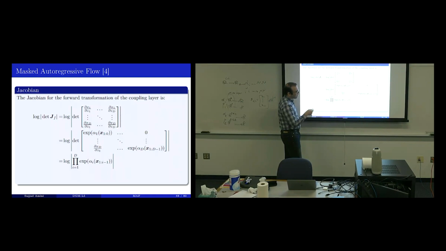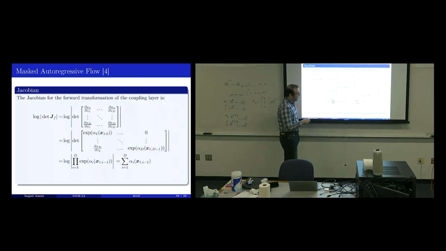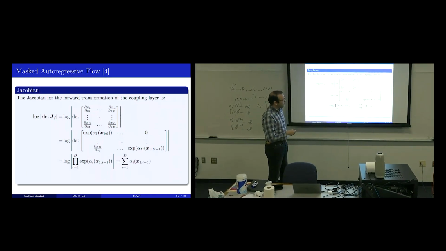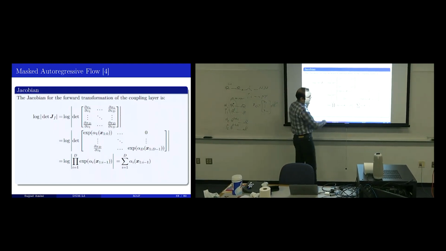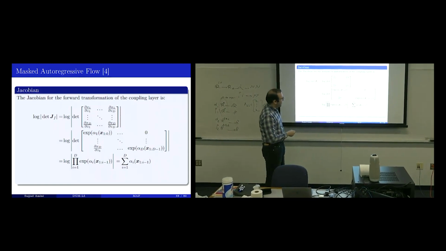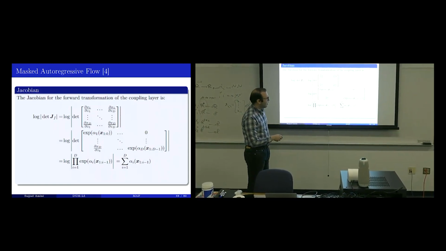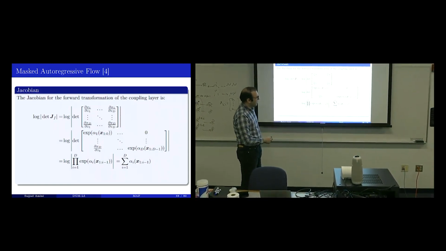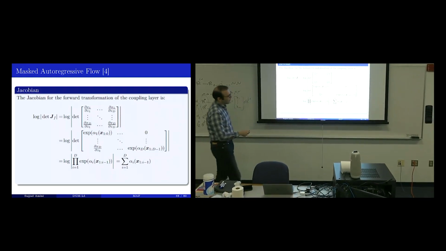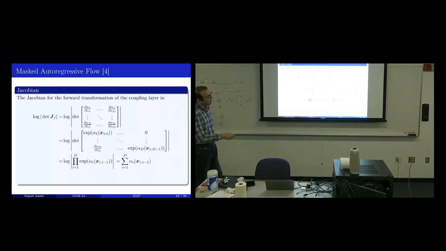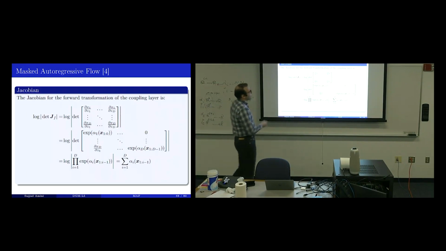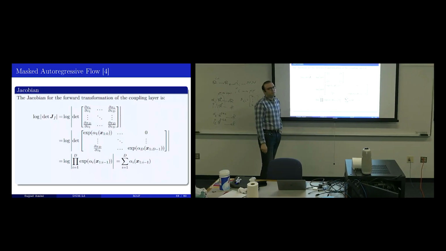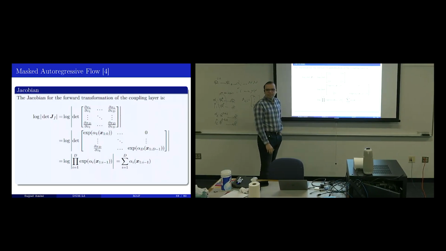So you have this to some extent simple formulation for the determinants, and also we know that the exponents are always positive, so you can omit the absolute value, and then the logarithm and the exponent are the inverse transformation, so they cancel each other. You have this simple formulation for the logarithm of the absolute value of the determinant of the Jacobian. It is clear?